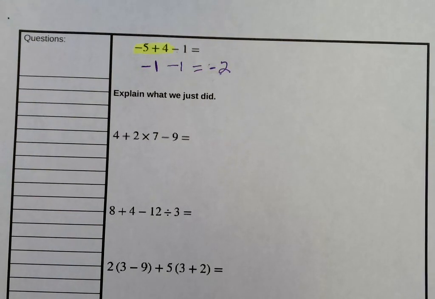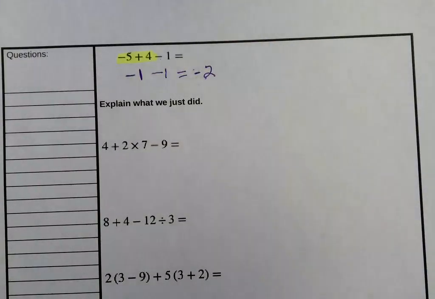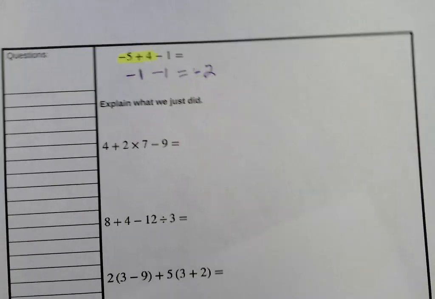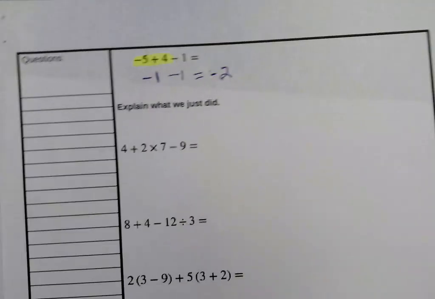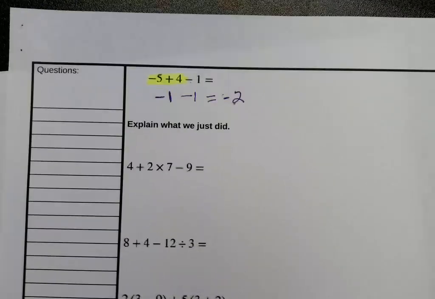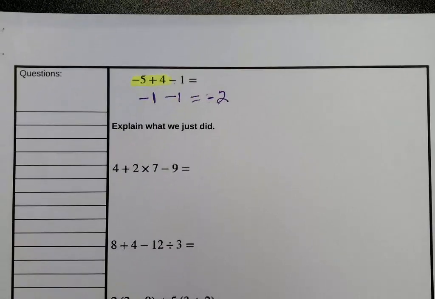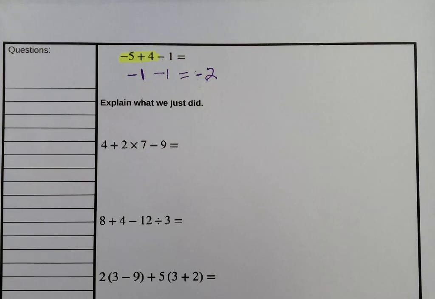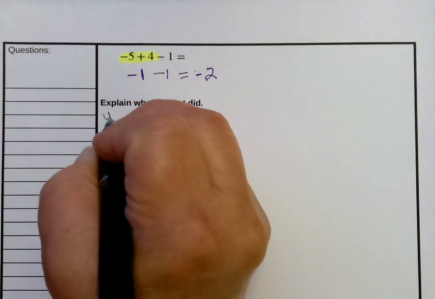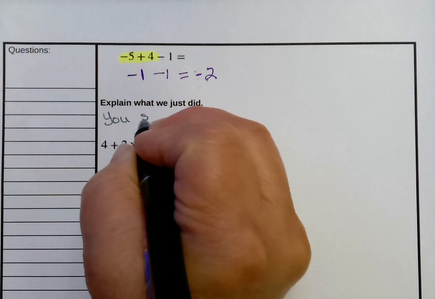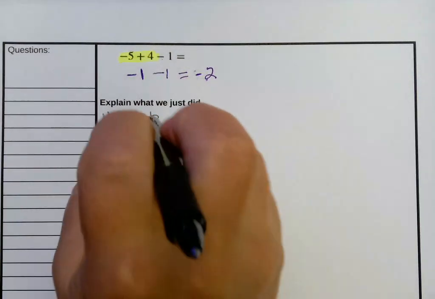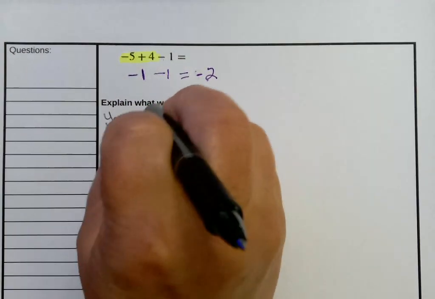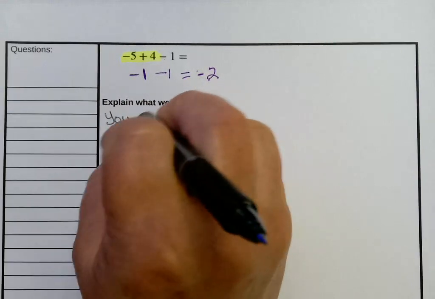Okay, how did we get that -1? When we took -5 plus 4, how did we get -1? If you are adding together a positive and a negative number, what do you do? Well, you actually subtract. And then you keep the symbol of the larger base.